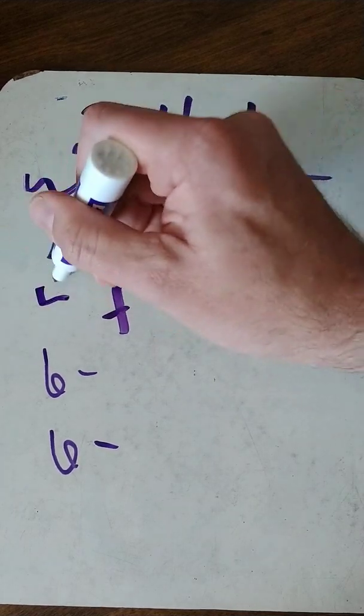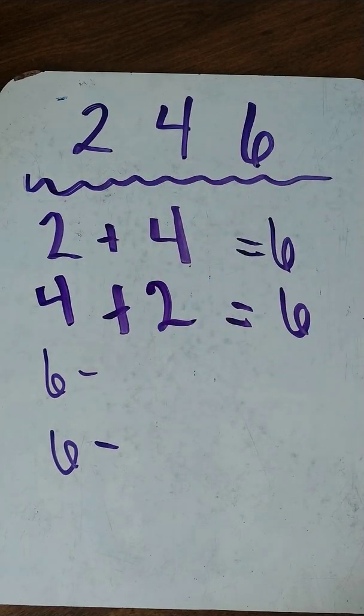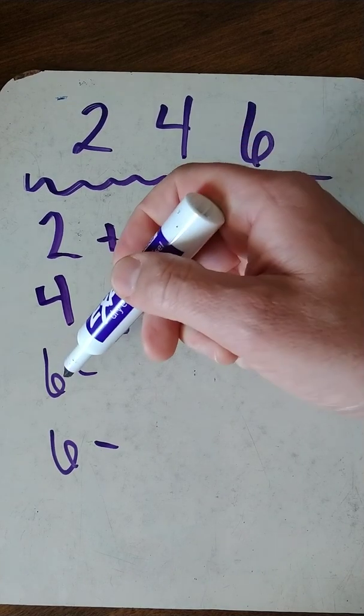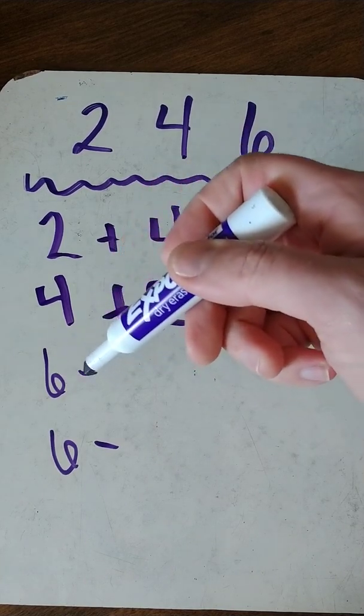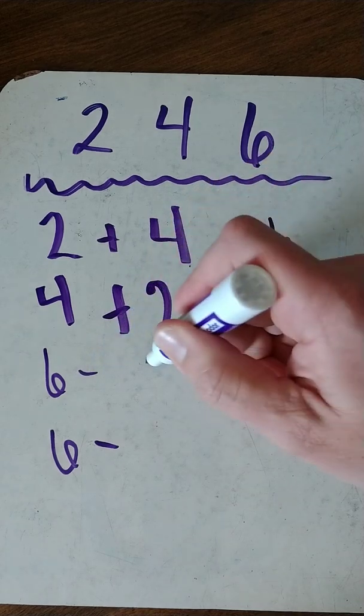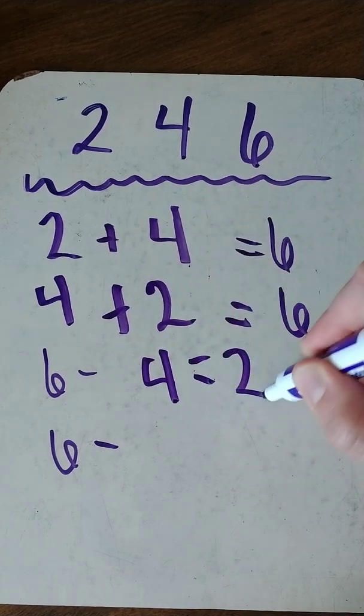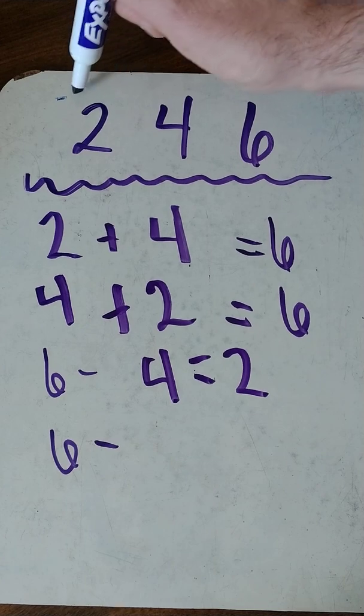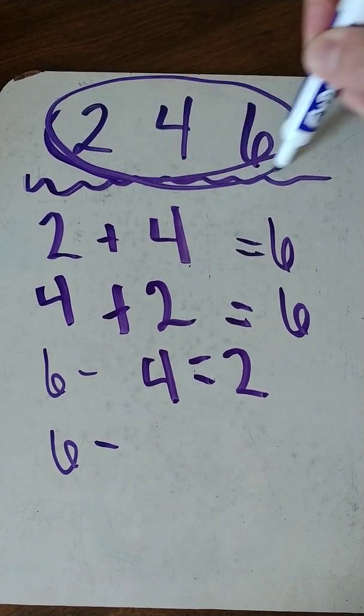And then we can do 4 plus 2 equals 6. 6 is the biggest number, and it comes last when we add. When we subtract, the biggest number goes first. So we have 6 minus 4 equals 2. These are the only three numbers we will use.